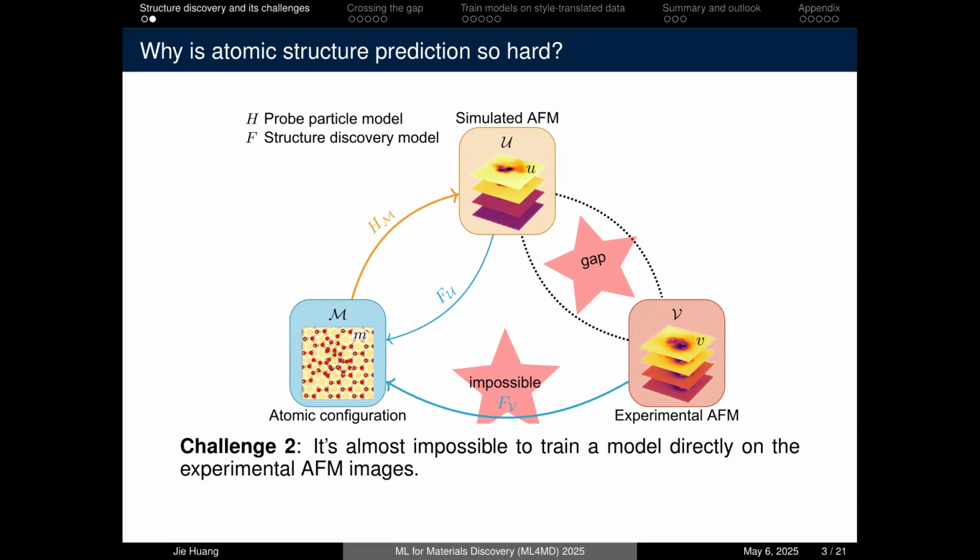But a more critical point is that even if we could have a lot of experimental AFM images, we do not know the exact atomic configuration. So it means that we cannot train this model because we lack the labels of the AFM images. So in the following talk, I'm going to explain how we try to cross the gap between the simulation and experiment.